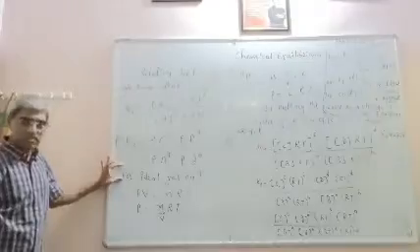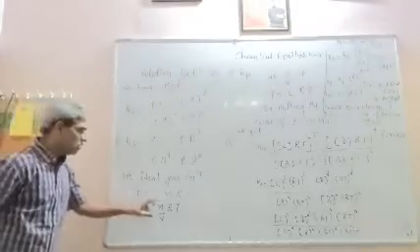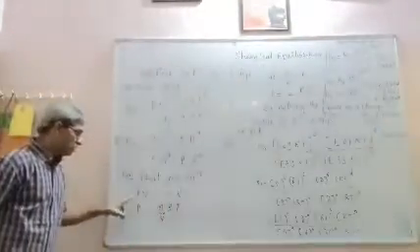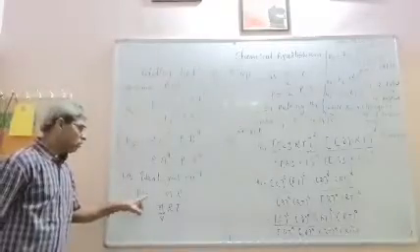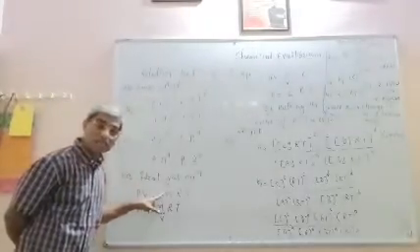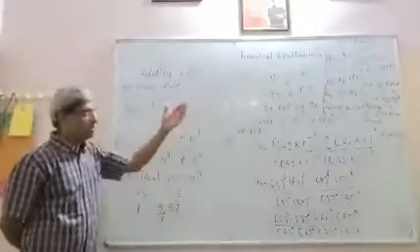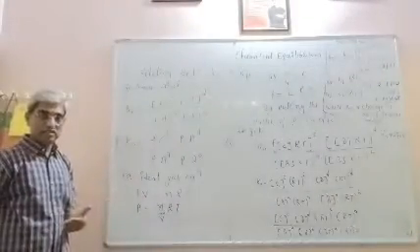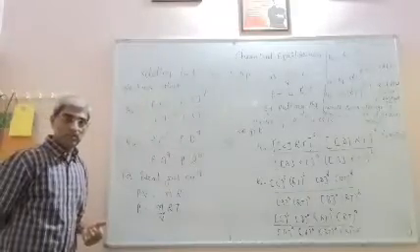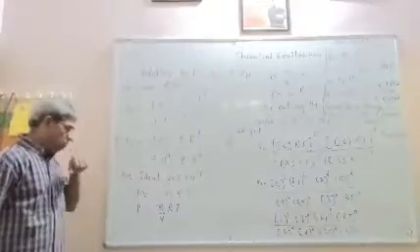For ideal gas equation, we know PV equal to nRT, where P is a pressure, V is a volume, n is a number of gaseous moles, R is a universal gas constant. We mentioned values 1.98 calories and 8.314 joules.